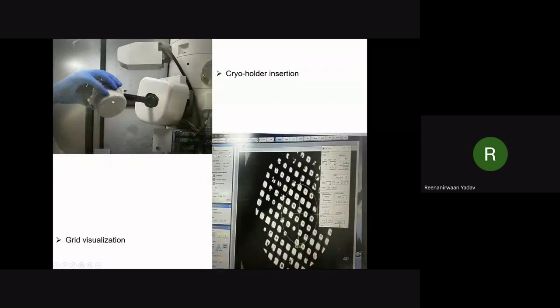Then we have a side entry microscope, not with the autoloader, so we have to load manually. We insert our sample with the help of this cryo holder inside the microscope, and after stabilization, generally 10 to 20 minutes, we can visualize our grid.